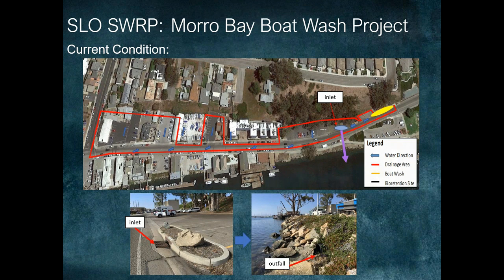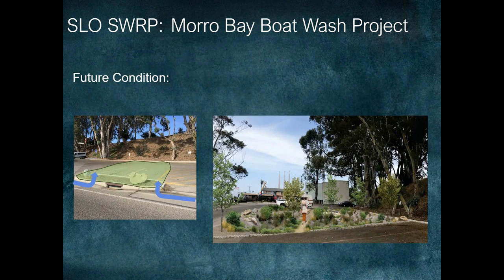Okay, next slide. The future condition that we're looking at is to take that area near that inlet, that underutilized parking lot, remove that impervious surface, and then as the stormwater is coming along in that blue line picture on the left, the blue arrow, what we would do is route the stormwater into that project area before it can go into the inlet, and we would use something like the picture on the right.